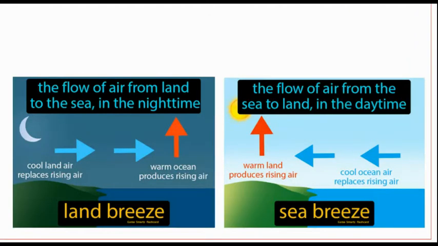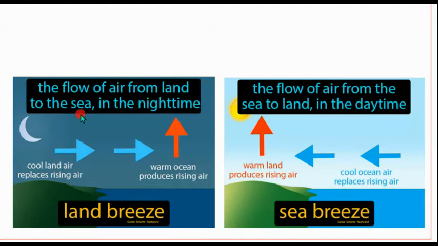The flow of air from land to the sea in the night time is known as land breeze, and the flow of air from the sea to land in the daytime is called sea breeze. Here you can see in the diagram the flow of air from land to the sea. Cool land air replaces rising air, warm ocean produces rising air.